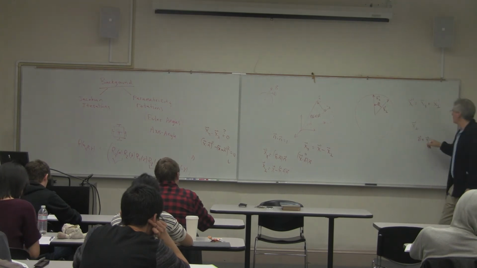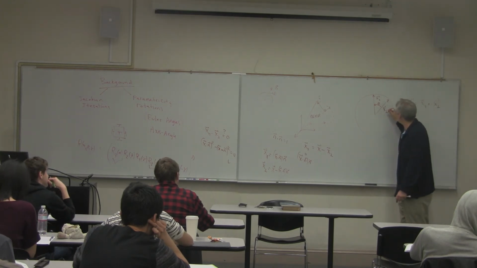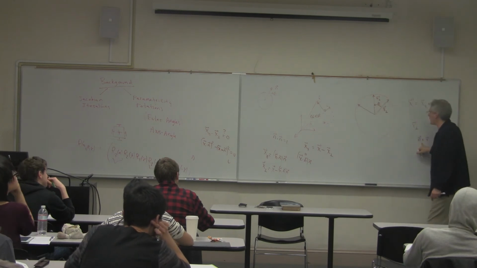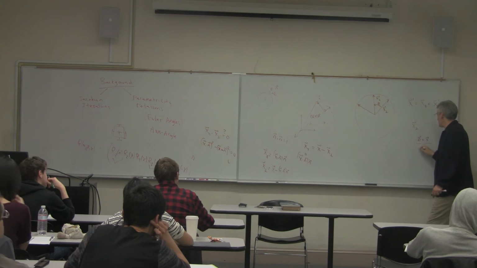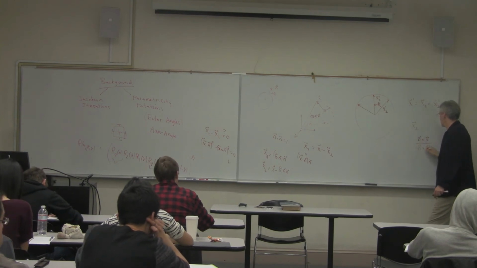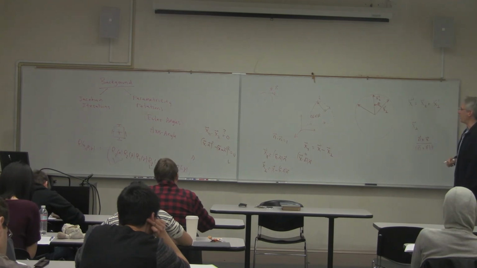Okay? Well, it turns out that I have my x perpendicular, and the normalized version of this vector is also going to be in that plane. Why is that?